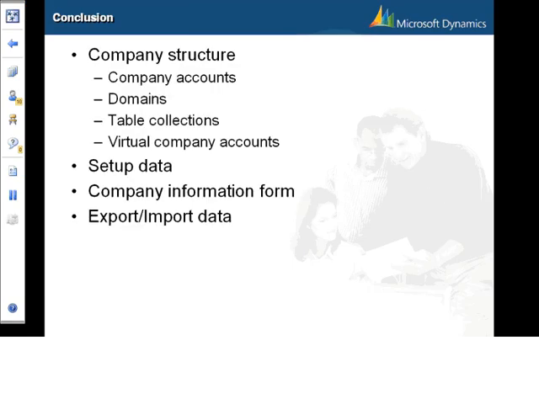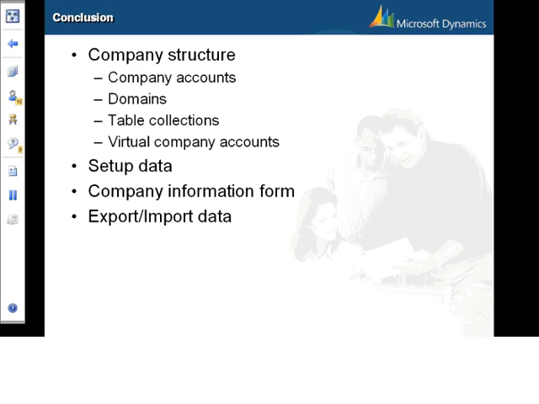And I will move to our slides. And we finished our first section for today's course. And in this section, we covered how to perform basic company setup in Microsoft Dynamics AX. After the company structure is defined, the components of company were created.